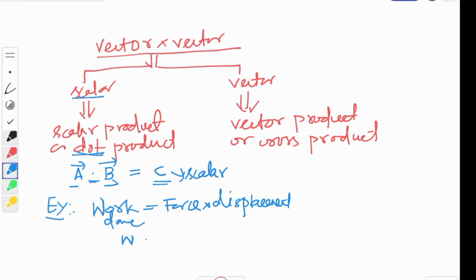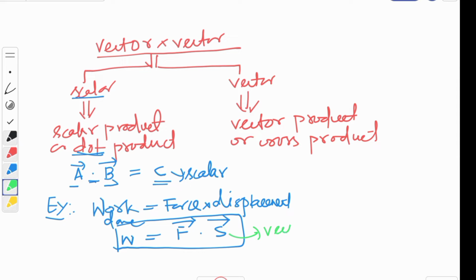Work done is equal to F dot S, or D, whatever you denote your displacement by. As you can see, force is a vector, displacement is also a vector, but work done is a scalar quantity. Clear, children? This example.